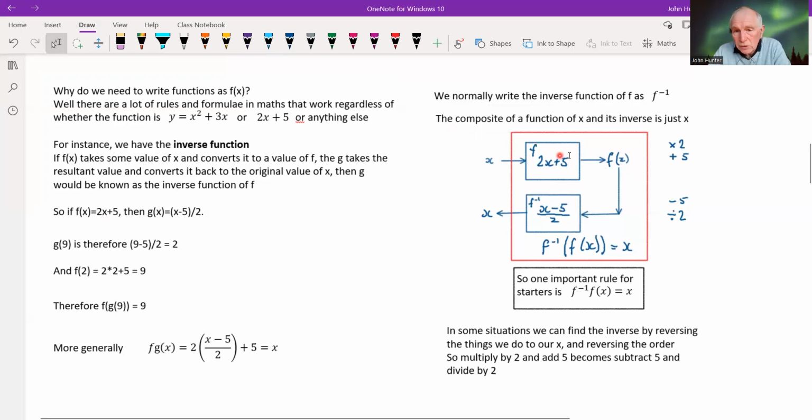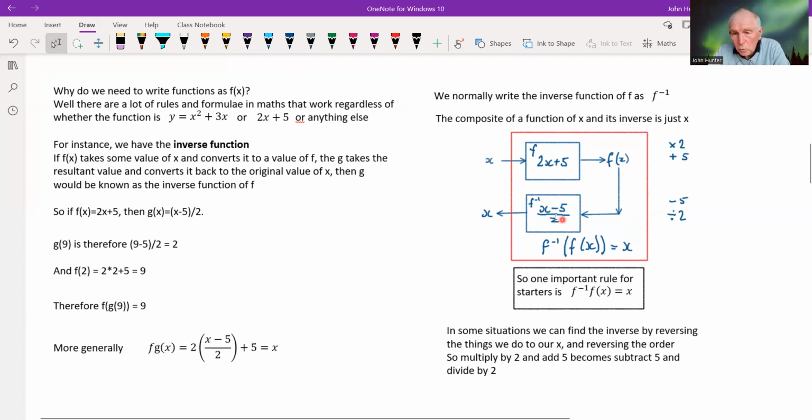Well, let's just look at this example here. These are the same numbers. Let's put it in graphically. x goes into our f here, produces f of x, and then we put that number into x minus 5 over 2.